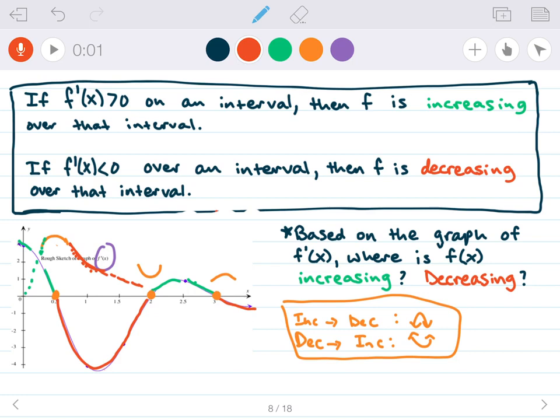Now, it's supposed to connect up with this little parabola here at x equals 2, and so I'm going to kind of just shift it downwards a little bit so it connects up. Maybe like this. Maybe like this. All right. Okay, and then at x equals 2, it starts increasing again until x equals 3.